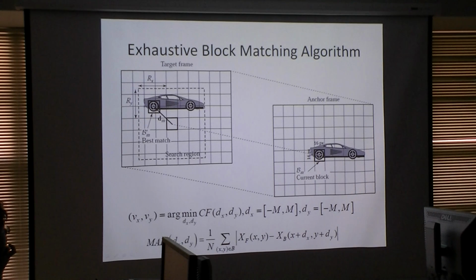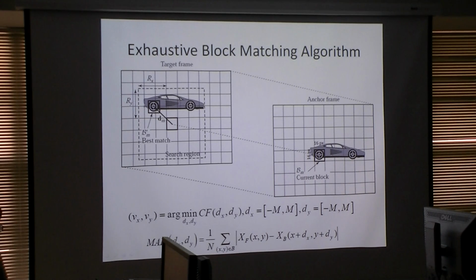And the corresponding block in the target frame is also shown in a bold square box. We can see that in the same location, the two blocks are quite different. And given a search region, in this case the search region can be 3 times larger than the macro block. Here is a 9 by 9 block.